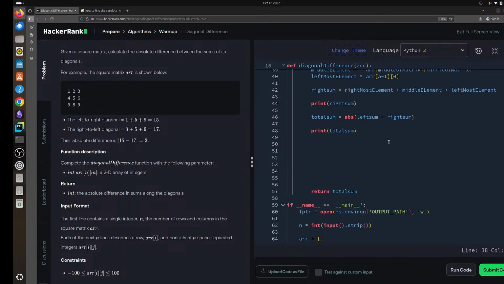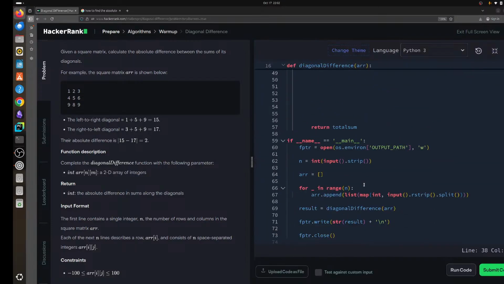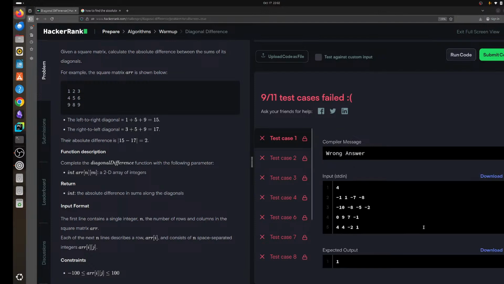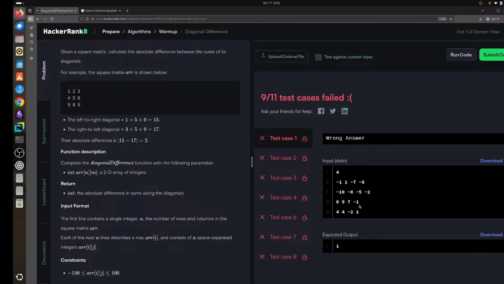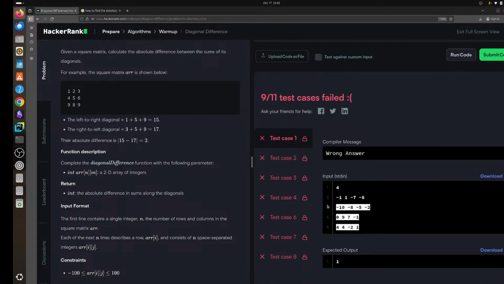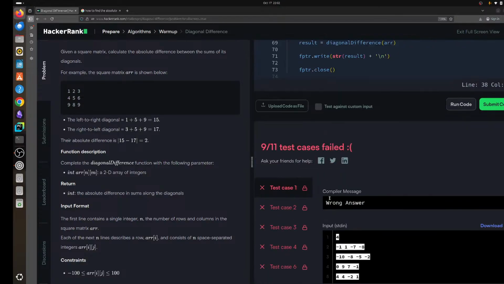Okay, it failed the test case; only one test case passed. Let's check this. Unlock it. So input is 4, output is 1. Okay.